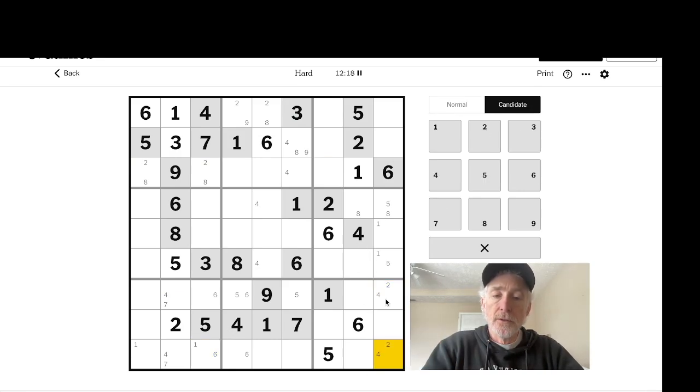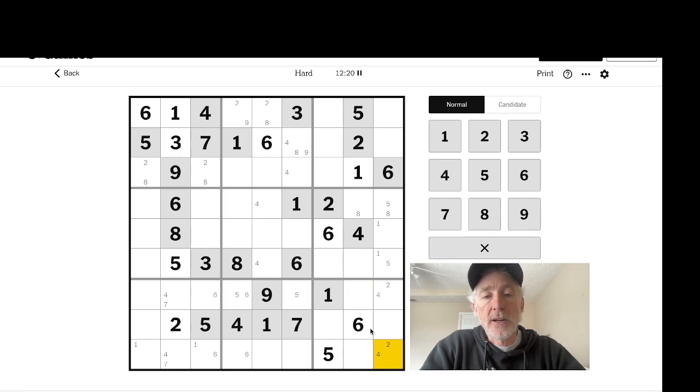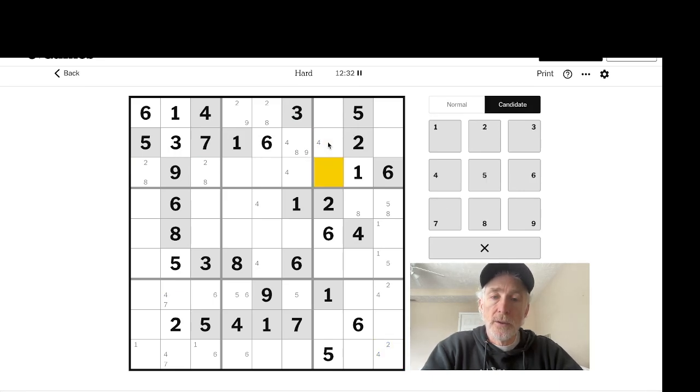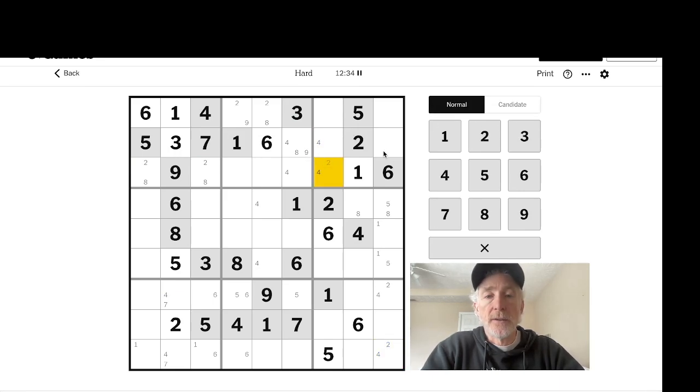This gives us a 2, 4 pair down in box number 9. So there's a couple things I want to do after I place that. First of all, the 4s now point up along with this 4, and this 4 looks across. So 4 is only in these two cells. So now it's not in this cell anymore. The other thing I want to do is look in the box.